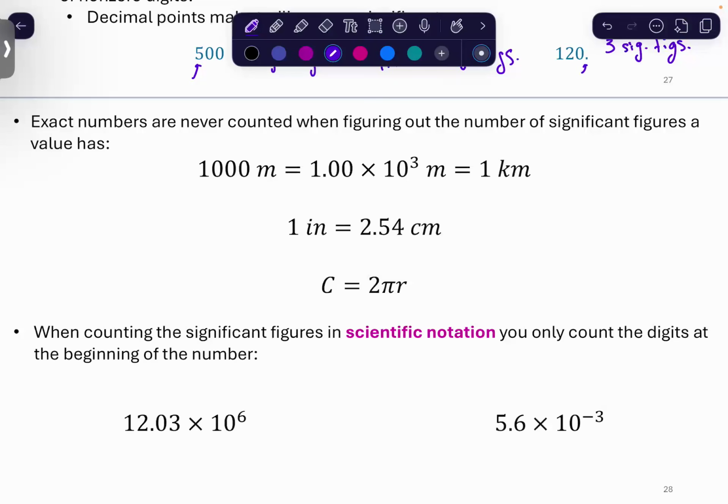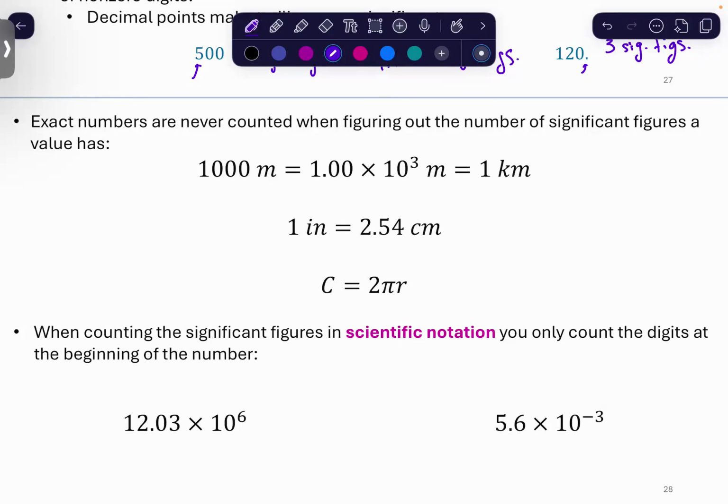That 1.00 is not going to contribute three significant figures to figuring out how many sig figs the answer has. The 1,000 won't either. Another conversion factor between your English and your metric units is 1 inch equals 2.54 centimeters. Again, that 2.54 is an exact number.